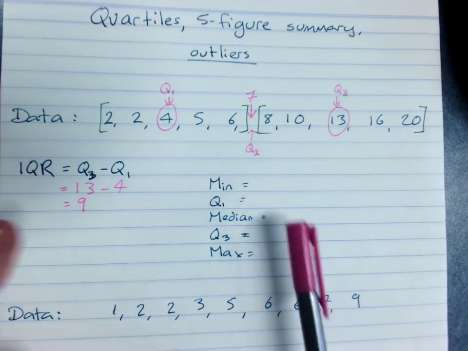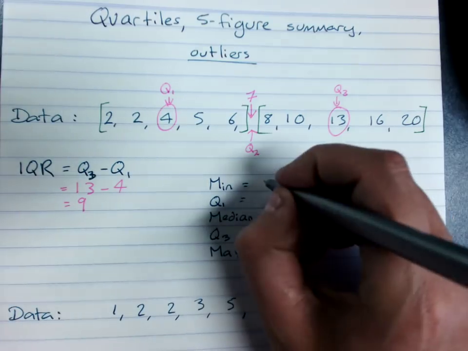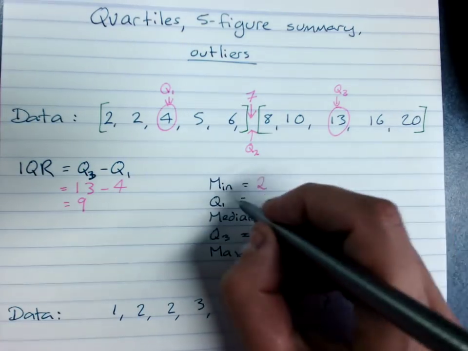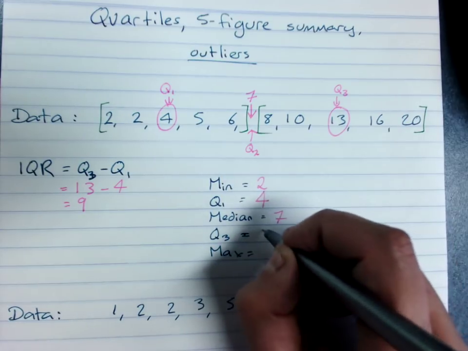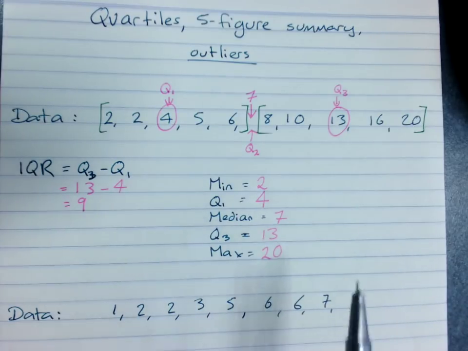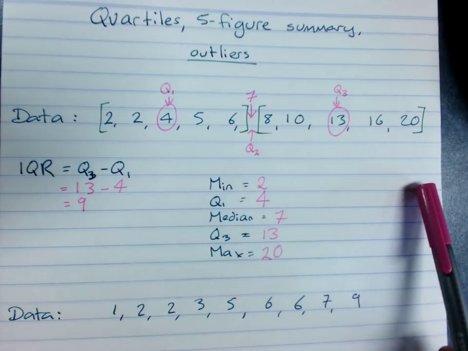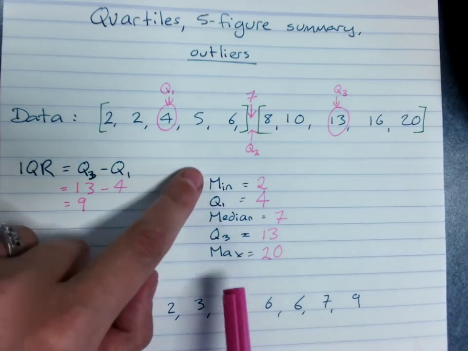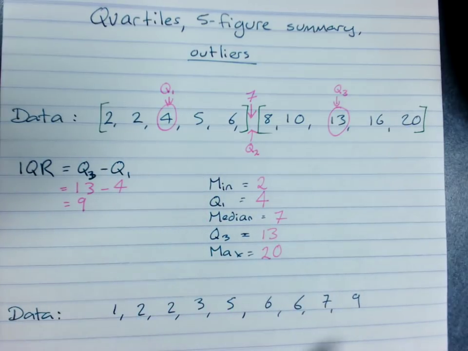And this is basically a description of our set of data. The minimum is 2, Q1 is 4, the median, third quartile, and the maximum. So if you're asked to create a 5-figure summary, please do not just write 5 numbers, 2, 4, 7, 13, 20. You must say down the page, minimum, Q1, median, Q3, maximum, and give your numbers. This is a 5-figure summary.